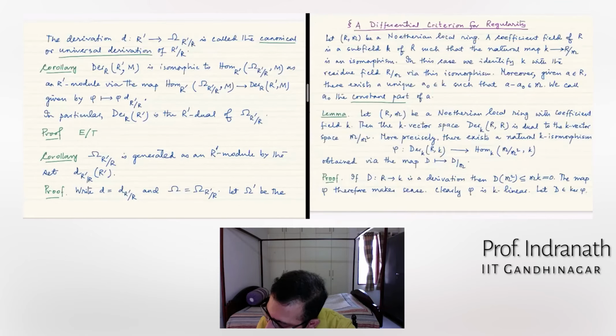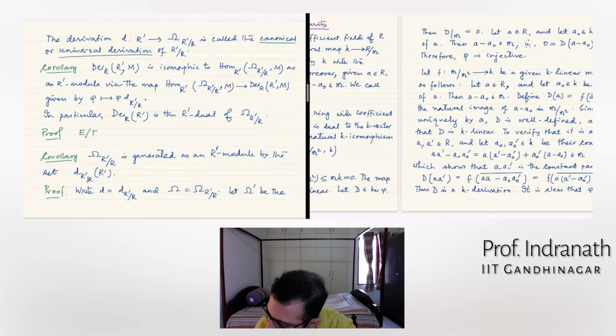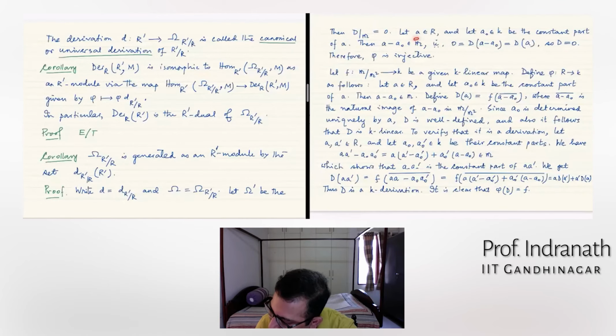For any a, a bar would have a fixed unique pre-image, and then you call that a0, and then a minus a0 belongs to M. Then since it's in M, you have this vanishing, and D(a) is D(a minus a0) because your a0 is the fixed constant part in K. So therefore you have D(a) equal to 0, therefore phi is injective.